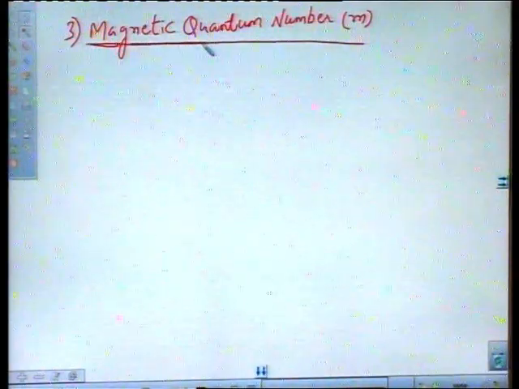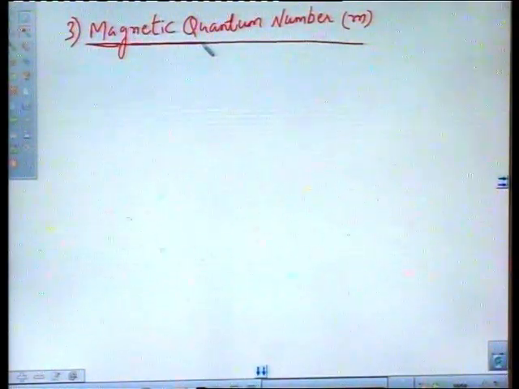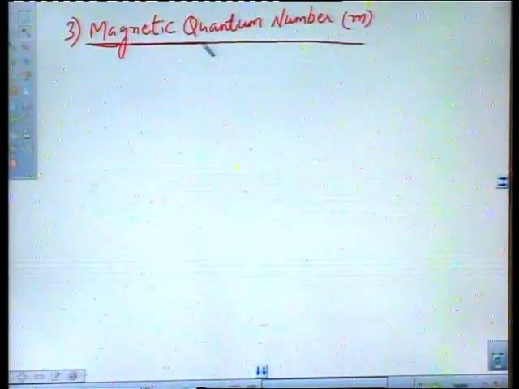This quantum number tells about the number of orbitals in any subshell and the magnetism generated due to the angular motion of the electron.